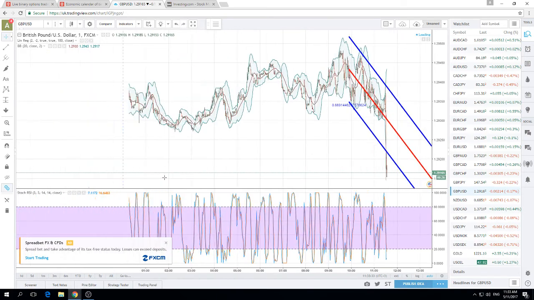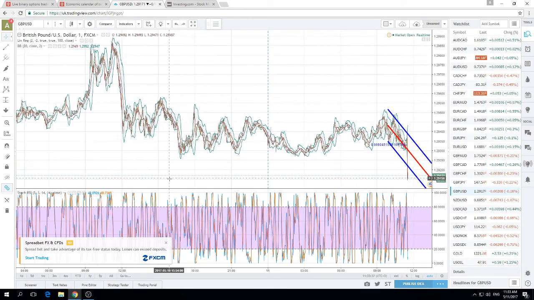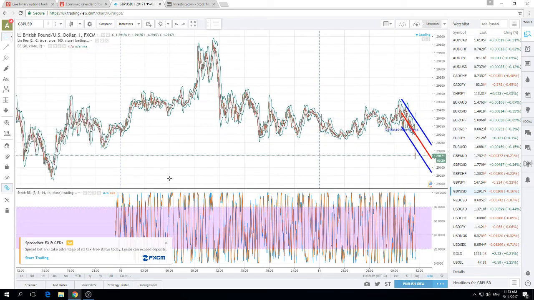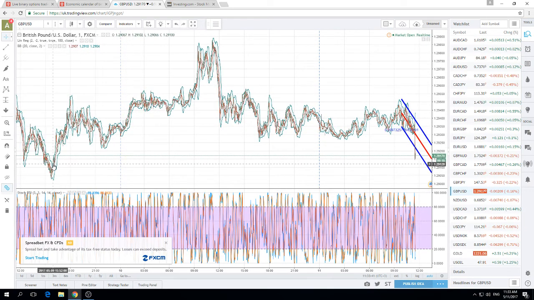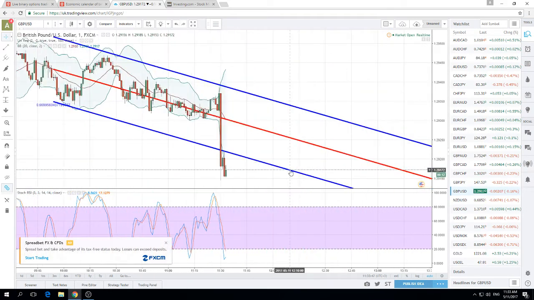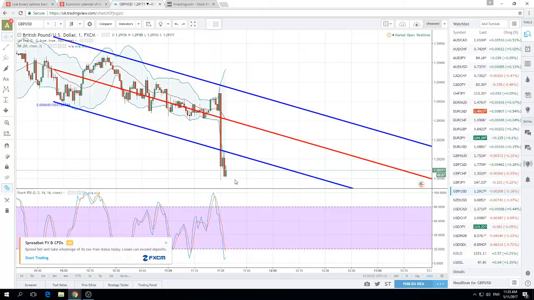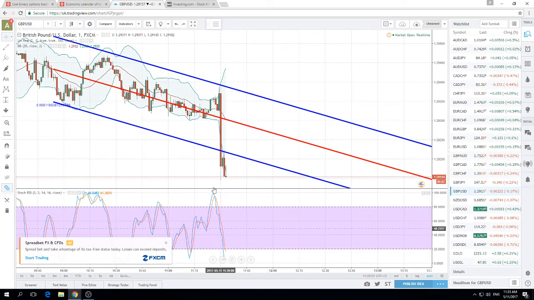That's pretty low range for the British pound. In 10 seconds another candle will appear, so we will see further.